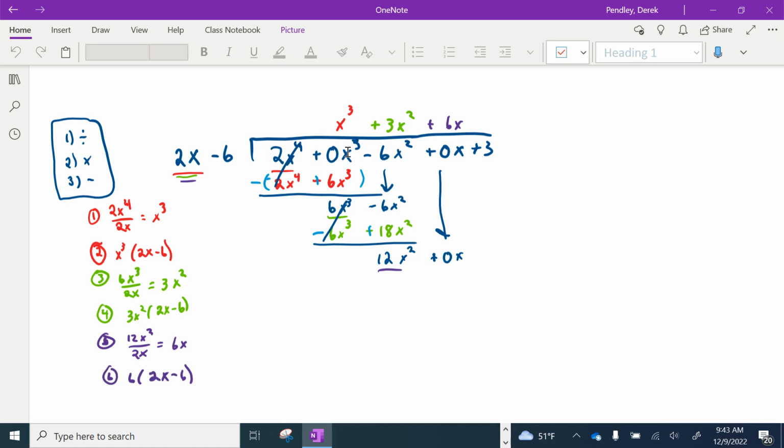When I do that, I get 12x squared minus 36x. When I subtract, those signs change, and the 12x squareds cancel out, the positive and negative. 0 plus 36 is 36x. Bring down the 3.